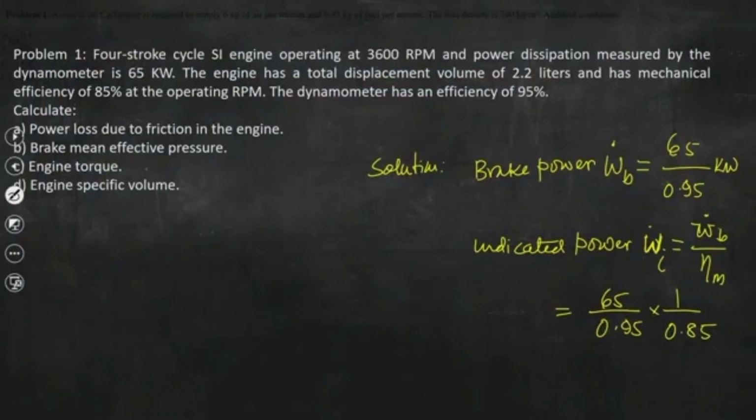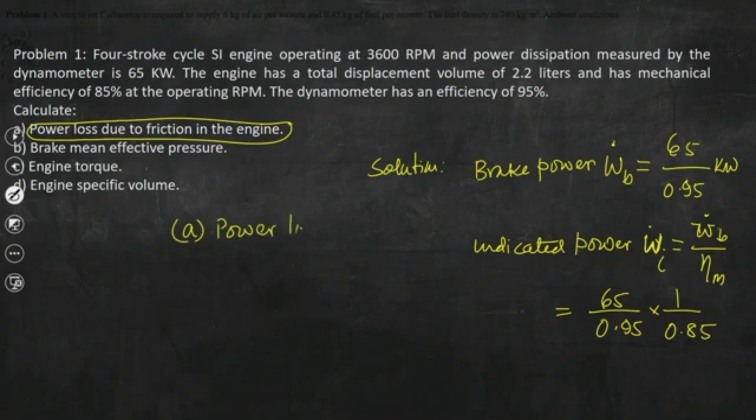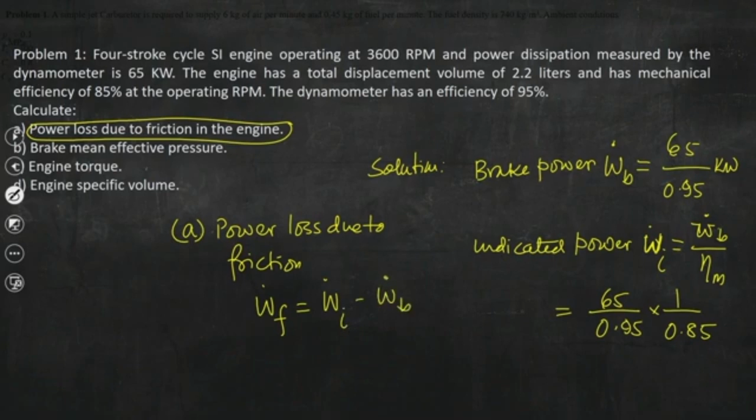So, power loss due to friction in the engine. If we just focus on this particular point A, power loss due to friction, that is W_F dot equal to W_I dot minus W_B dot.